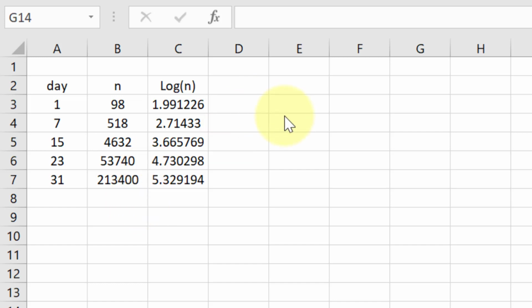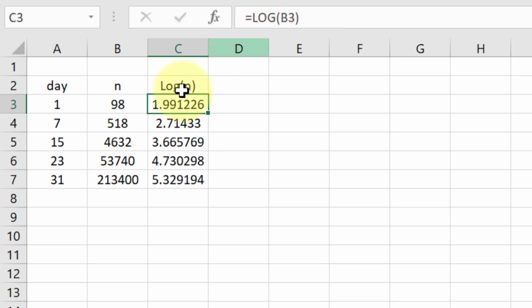Maybe one of the things I can say about the log function is it gives us a way of managing these large increases in the number of cases, right? Because when you take the log, what you're really doing is asking what exponent would you need. In this case, this is the log base 10.